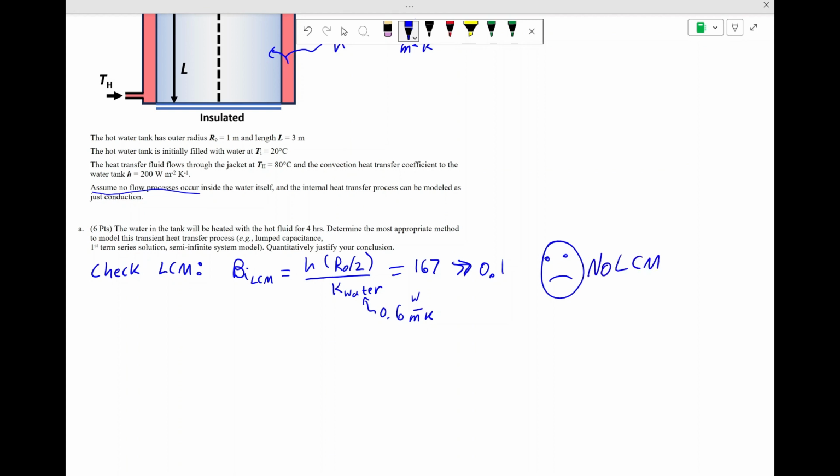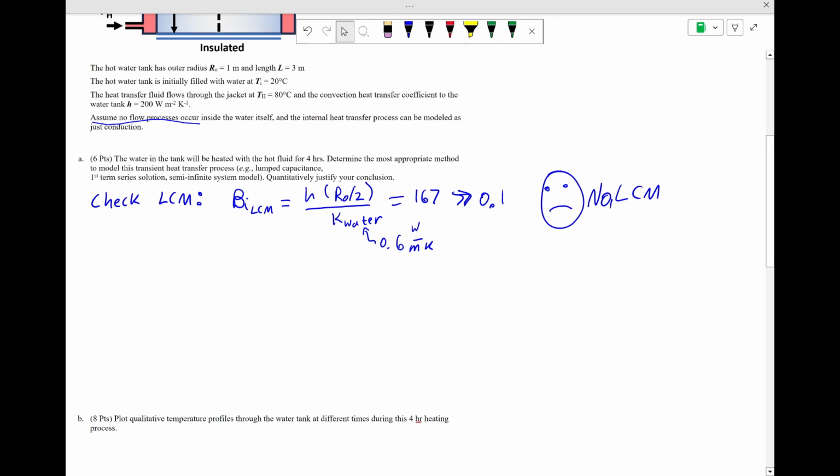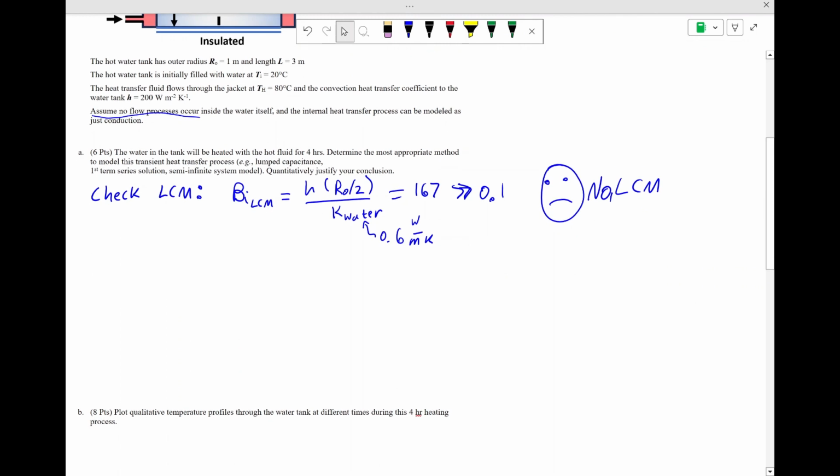So now we've got to find our next option. Next we could check, can we use the first term of a series solution for this sort of domain? We can see if the first term series solution would work. To do that, we would evaluate the Fourier number.